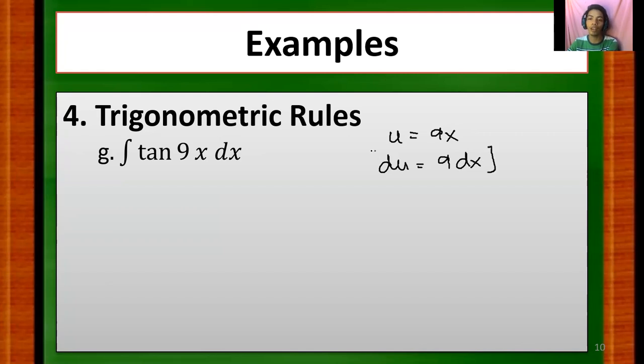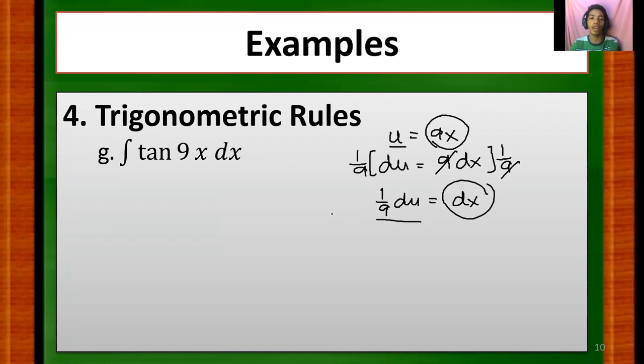And then after that, saan i-multiply? Very good. Sa 1/9. So 1/9 natin siya i-multiply. So we will have 1/9 du is equal to dx na lang kasi cancel na to. So now, ang 9x papalitan mo ng u at ang dx ay papalitan mo ng 1/9 du.